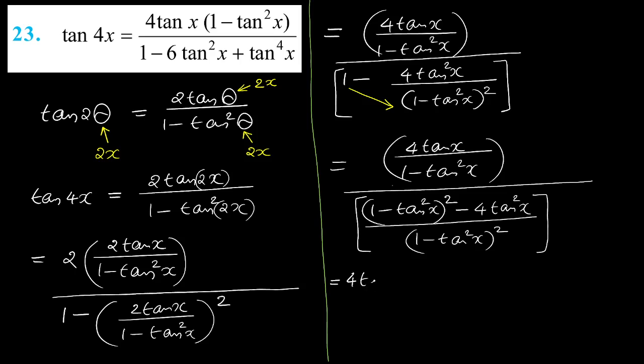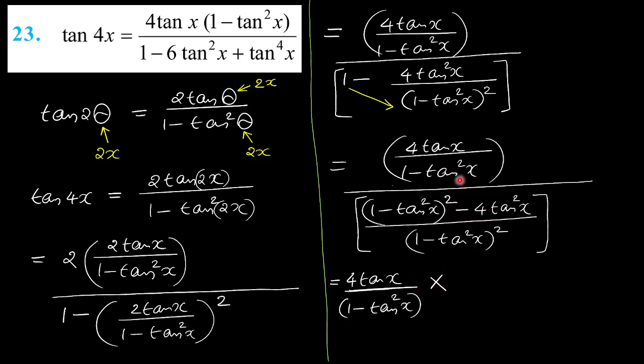4 tan x divided by, let me write, you can zoom it. I want to save space. You can zoom it if it is not visible. The numerator: one fraction divided by another fraction. In that case, you multiply with the reciprocal of the denominator fraction.